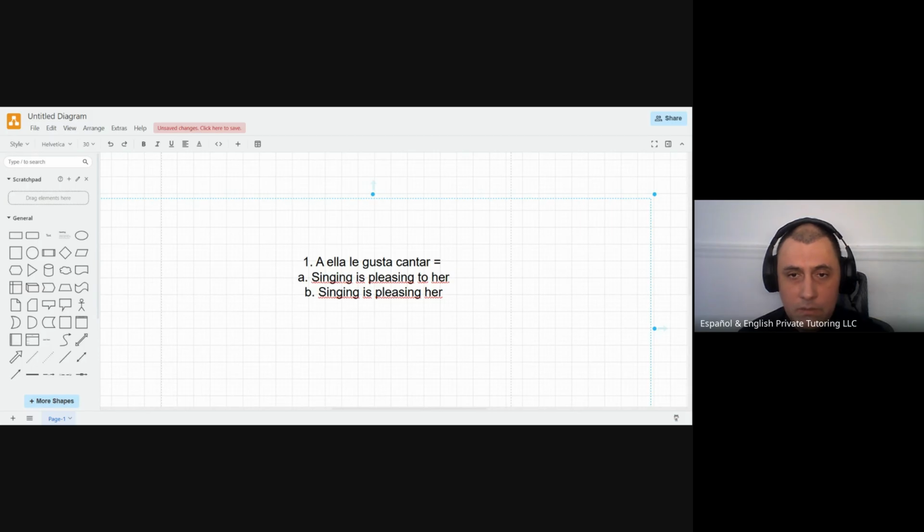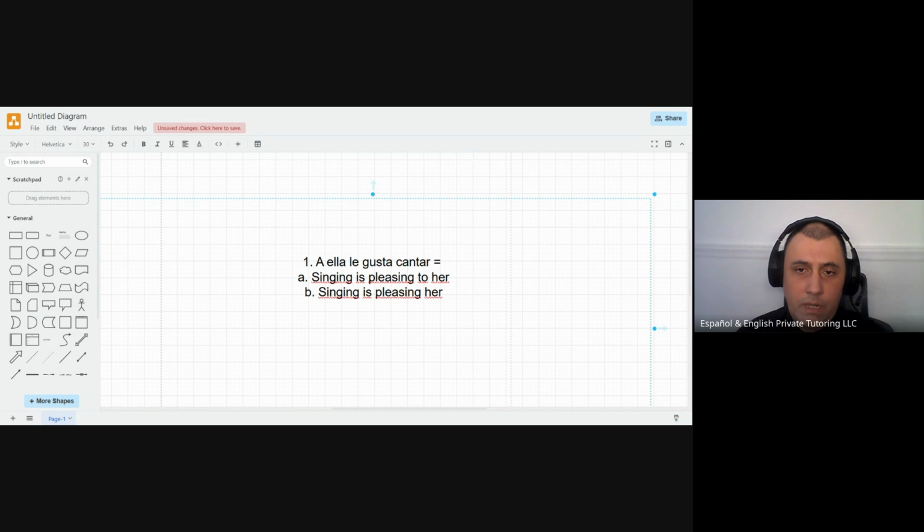is pleasing to her. The action of singing falls directly into something, a song. And who is pleasing the song? The person that is getting pleasing by the song is her.